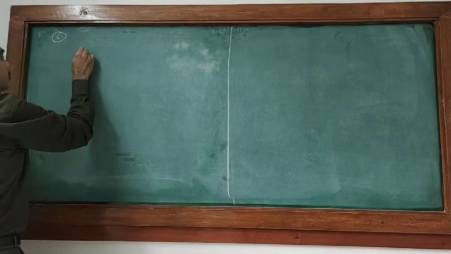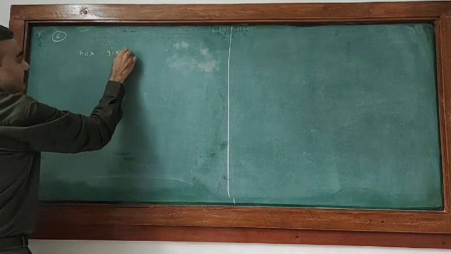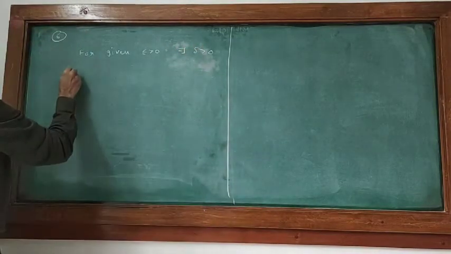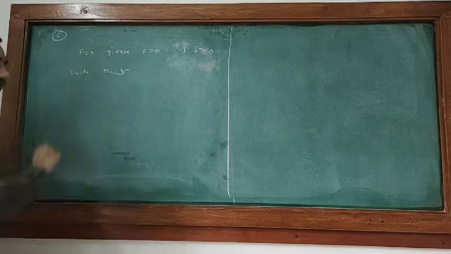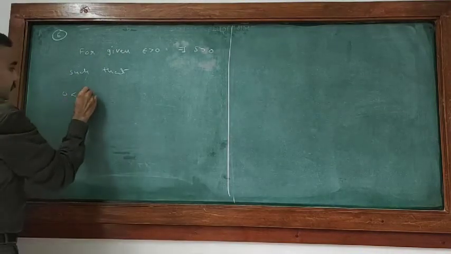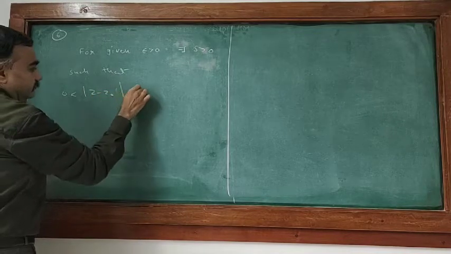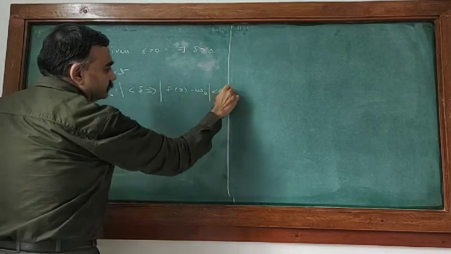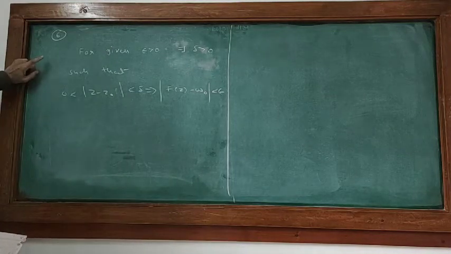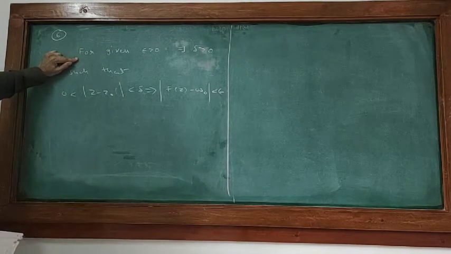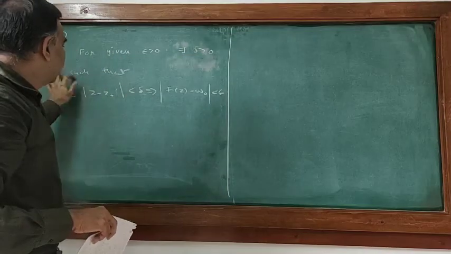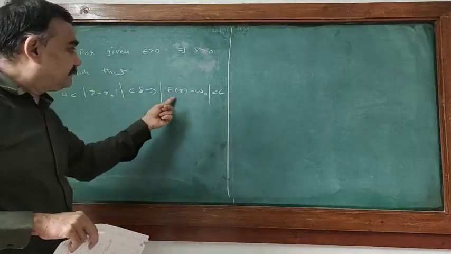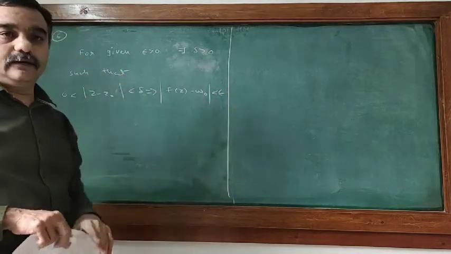For given epsilon positive, there is delta positive such that 0 less than |z minus z0| less than delta implies |f(z) minus omega 0| less than epsilon.